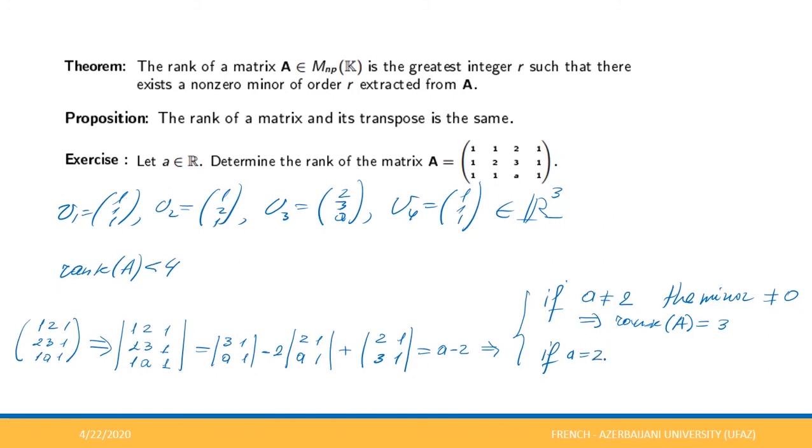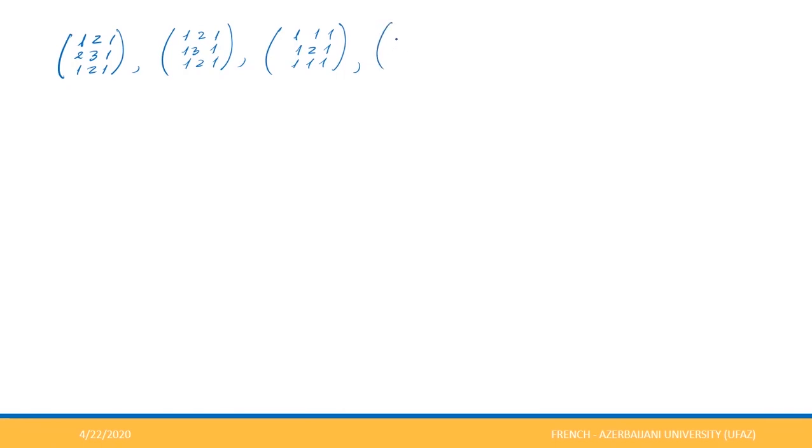If A is 2, then all 3 times 3 submatrices will be these ones: 1, 2, 1, 2, 3, 1, 1, 2, 1; 1, 2, 1, 1, 3, 1, 1, 2, 1; 1, 1, 1, 1, 2, 1, 1, 1, 1; and 1, 1, 2, 1, 2, 3, 1, 1, 2.